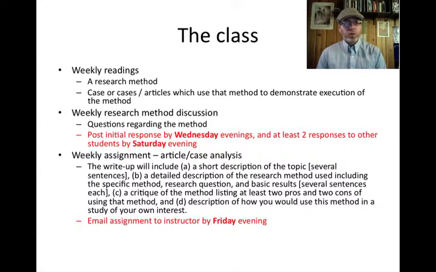Often the authors of the case or the article will say what some of the pros and cons are, particularly in limitations sections. And then finally a description of how you would use this method in a study with your own interests. For example, if we're talking about phenomenology, how would you set up a phenomenology case, very briefly, for a particular topic that you're interested in studying?